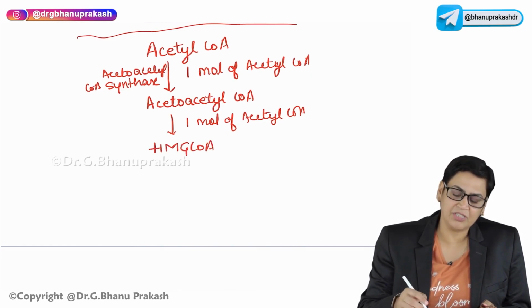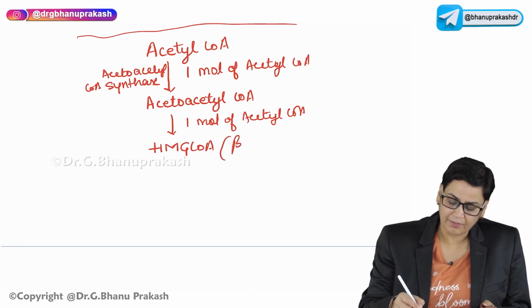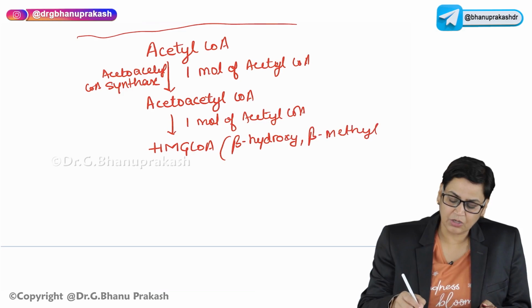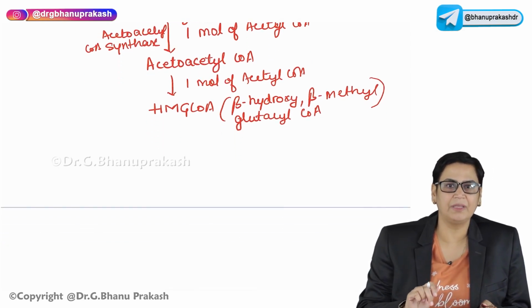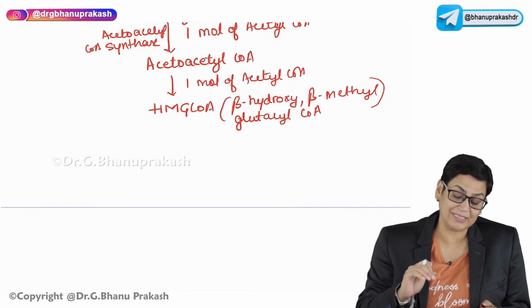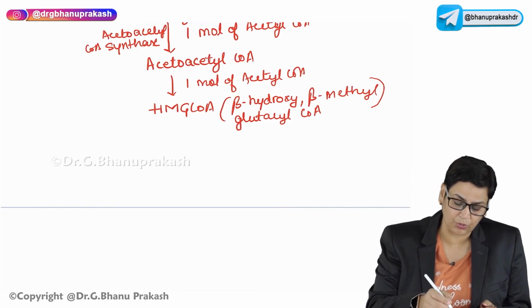Now this HMG-CoA stands for beta-hydroxy beta-methyl glutaryl-CoA. Now since this is synthesis of HMG-CoA, the enzyme is HMG-CoA synthase.